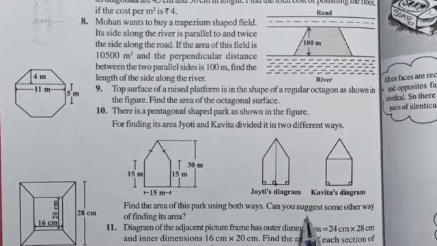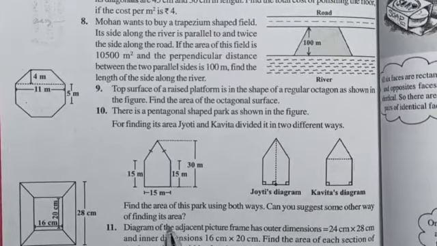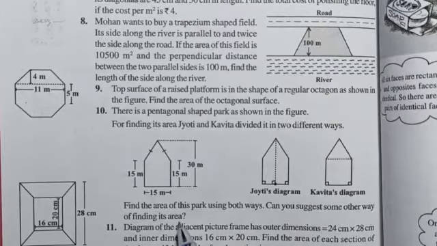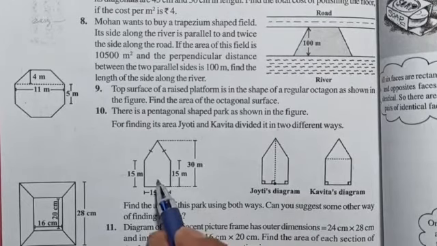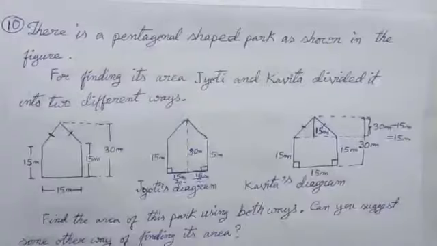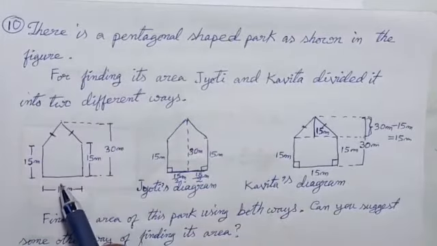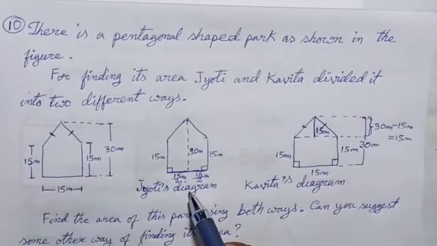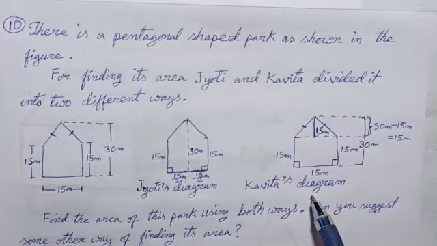Can you suggest some other way of finding its area? Now we have to find other ways to find the area of this park. So this is the question, this is Jyoti's diagram, and this is Kavita's diagram.